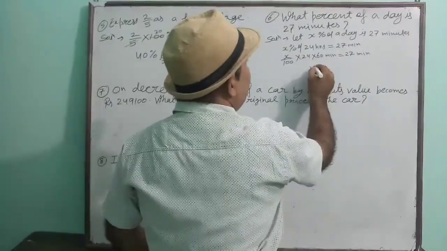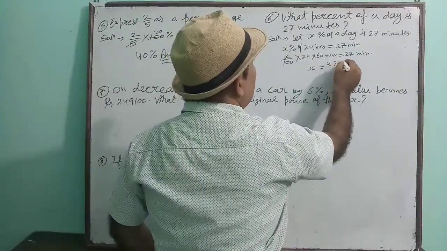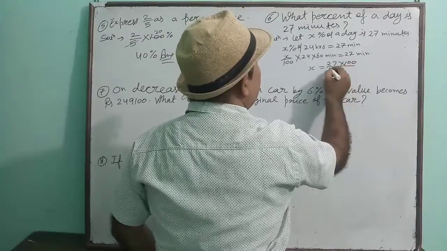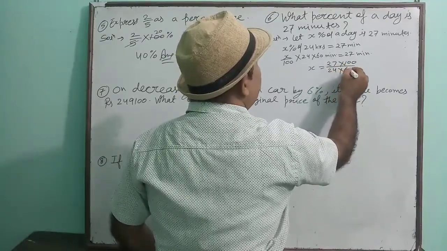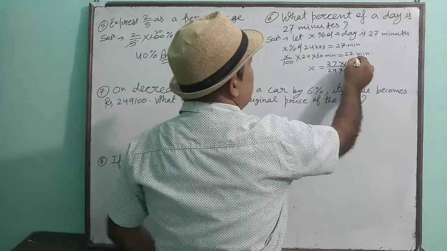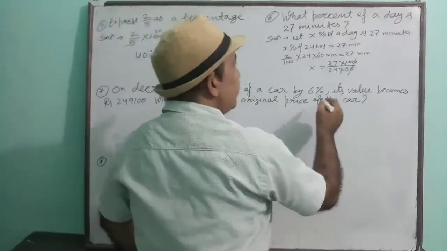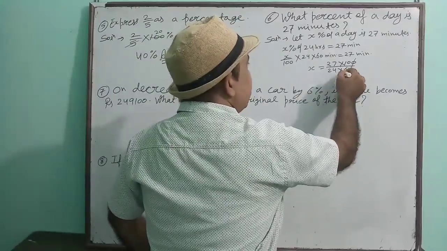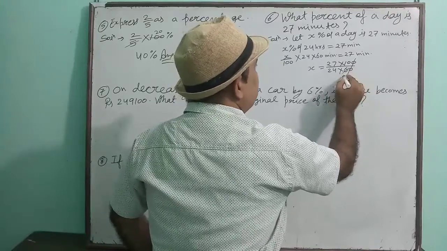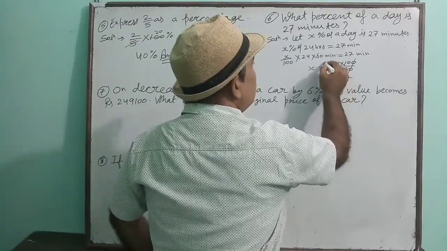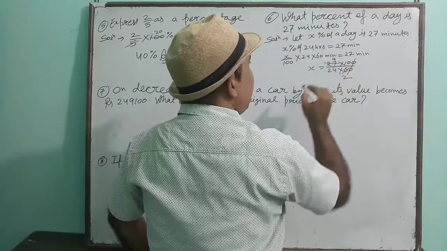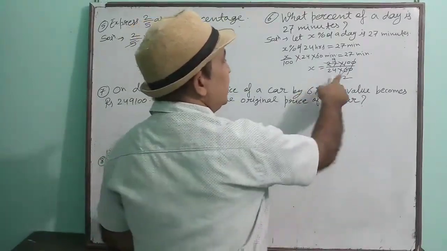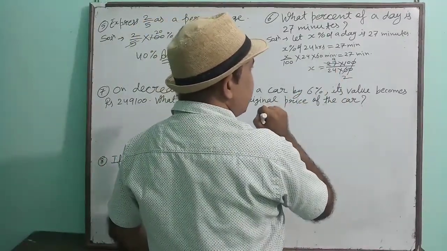Now what will be the value of x here? 27 into 100 upon 24 into 60. 0 to 0 cancel. 6 divided by 3, 3 dividing 27 by 9 times. 3 2s are 6, 3 9s are 27.